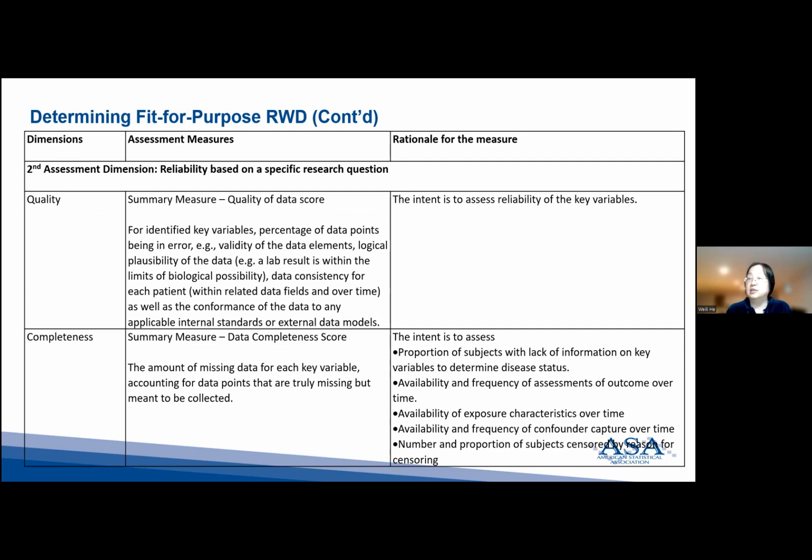And there is data consistency for a patient with related data fields. One example is if you have a BMI measurement of about 40, whereas for that particular patient the weight and height are all normal, then the BMI may have been calculated incorrectly. Those are the kinds of things one could assess. And also, definitely, data standards, etc.